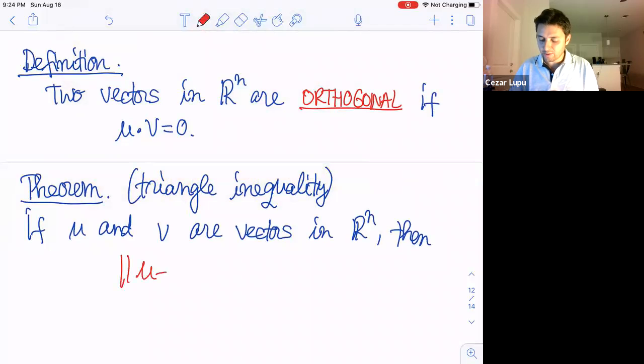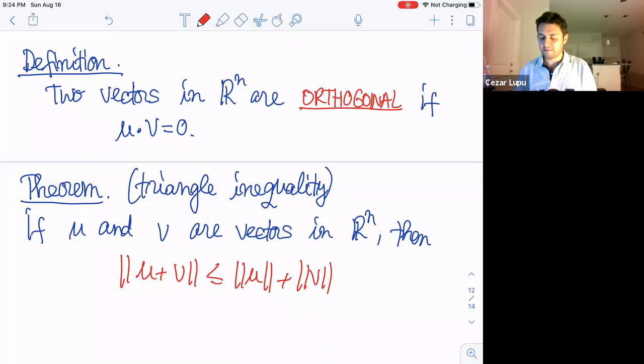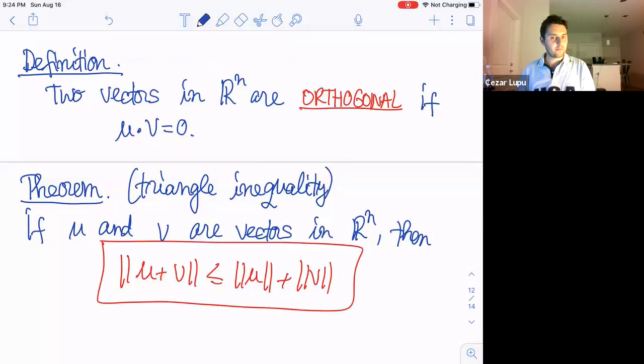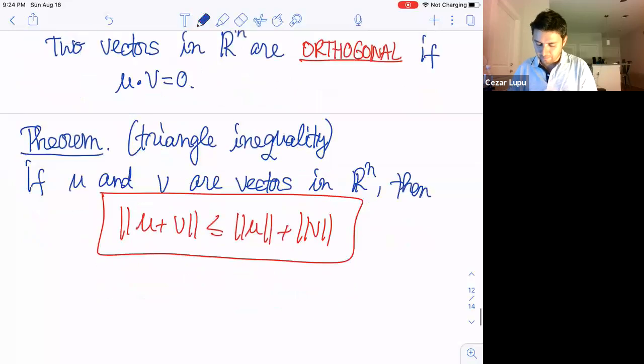The magnitude of u plus v is less than or equal to the magnitude of u plus the magnitude of v, or the length. This is a very, very important inequality. I'm going to skip the proof because we don't have too much time, but the proof relies heavily on the Cauchy-Schwarz inequality.